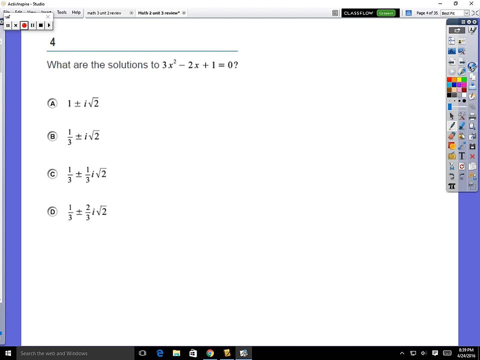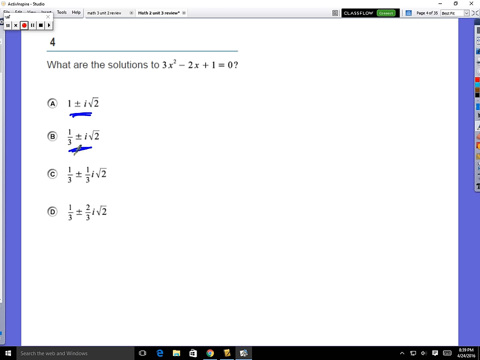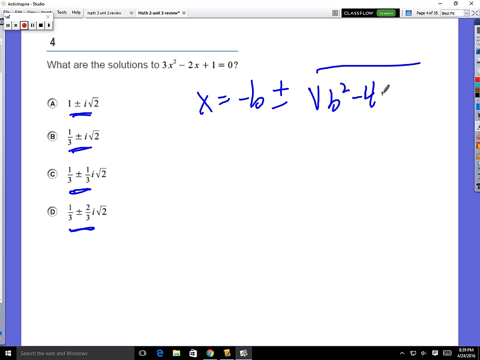Number 4. Okay, this one, just looking at the answers, they're ugly. And if they're ugly, that means you probably cannot factor them, which means we're going to do the quadratic formula. So, quadratic formula, x equals negative b, plus or minus square root of b squared minus 4ac, all over 2a.